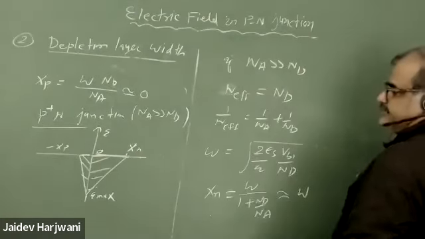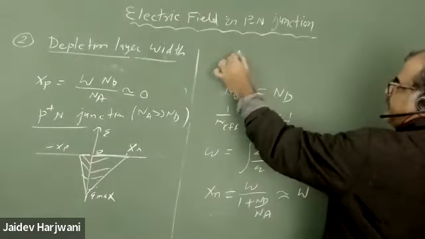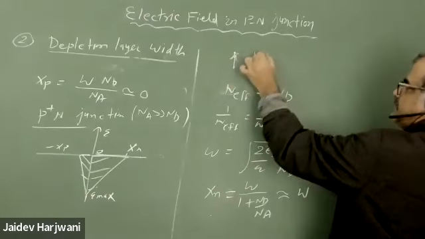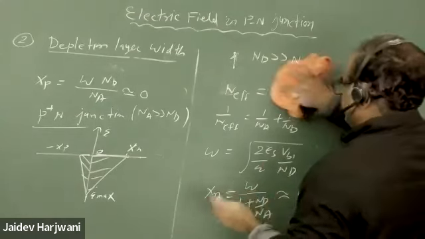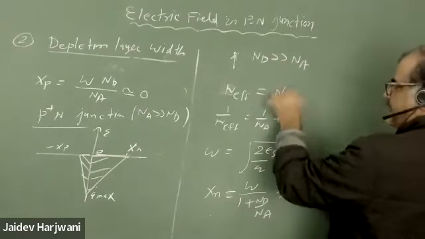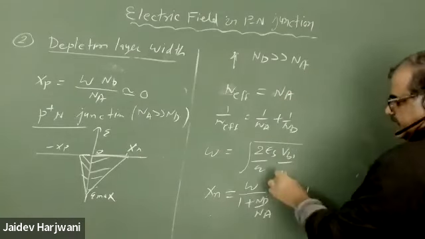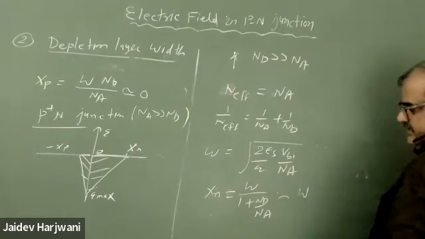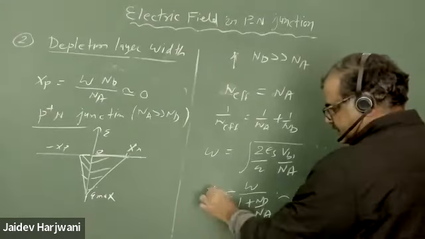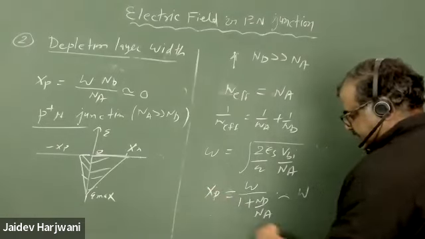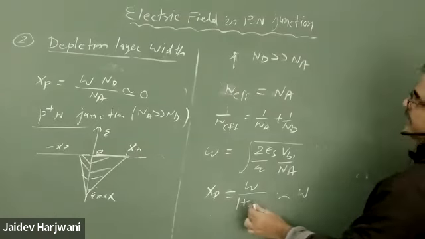Similarly, we can show it if Nd is greater than Na. In that case, your N effective becomes equal to Na, and the depletion width W is proportional to root of Na, and your xp becomes W over 1 plus Na upon Nd, since Nd is high.